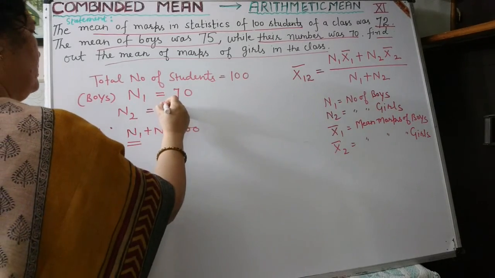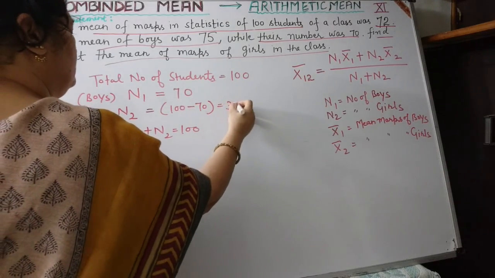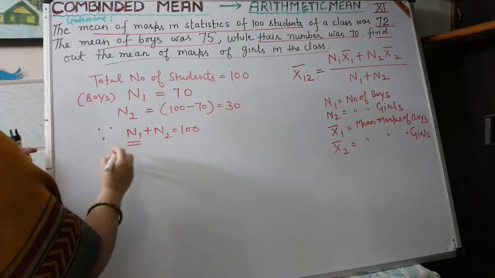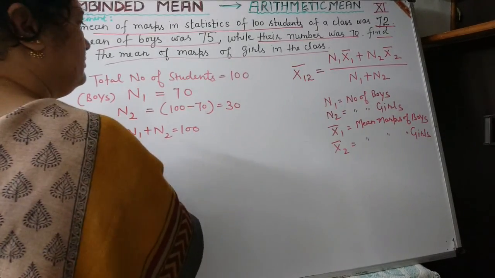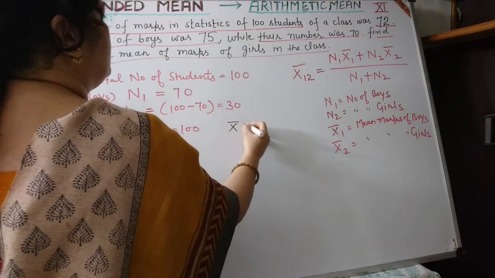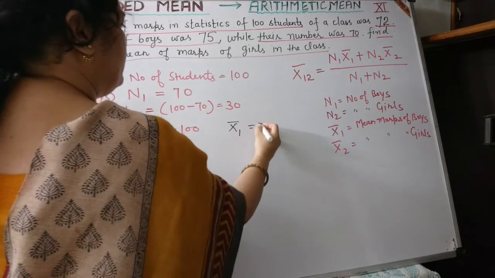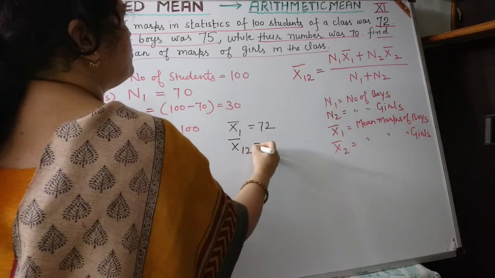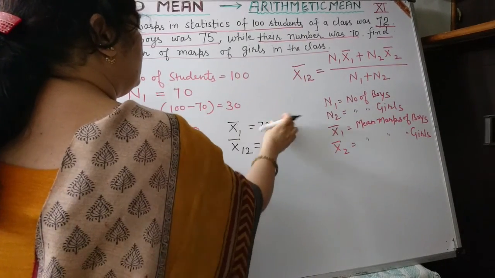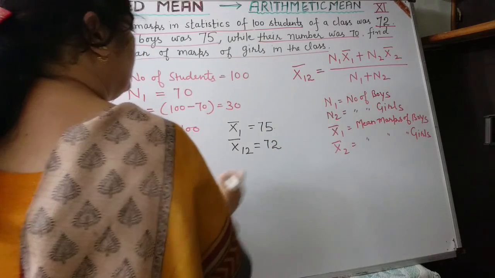So the value of N2 is equal to 100 minus 70 is equal to 30, and the value of X bar 1 is equal to 75, the mean of boys, and the value of X bar 1,2, that is also given, that is 72.